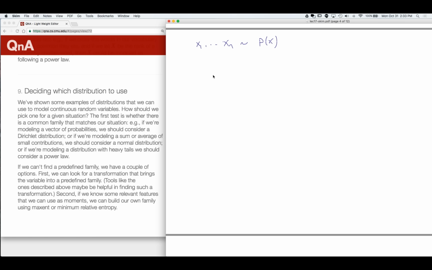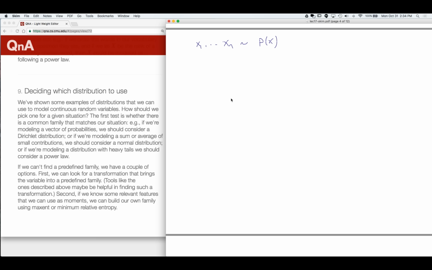So one very useful tool for figuring out what p of x is would be the cumulative distribution function, right? Because there's a one-to-one relationship between probability distributions and their CDFs. And so if we knew the CDF, we would get the distribution back. Now, of course, we can't know the CDF exactly. We just have a sample.